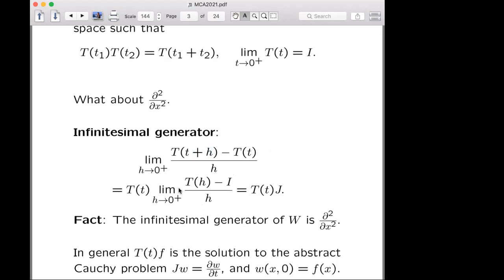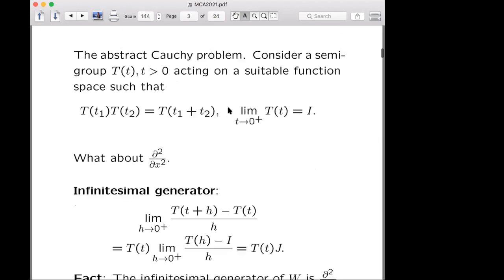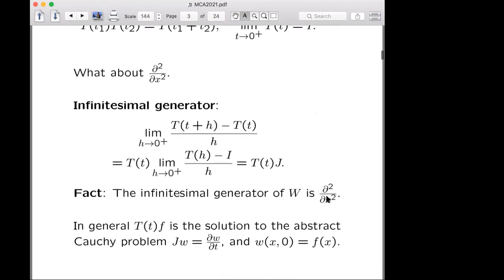So now I have the general positive semigroup, and this is the infinitesimal generator, but at 0. If I know the infinitesimal generator at 0, by translation I can get it at any other point. So you just compute the infinitesimal generator at 0. In the case of this Cauchy problem, that's what the second order derivative is.